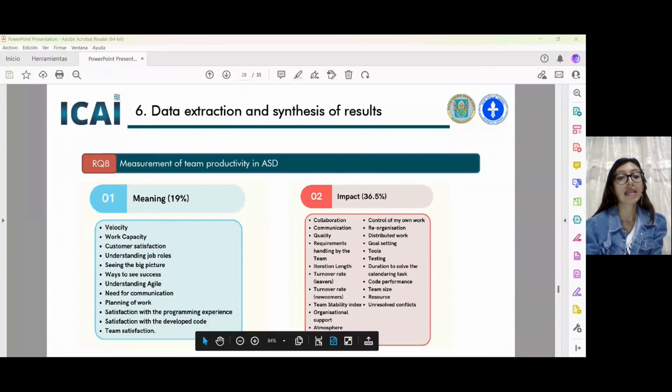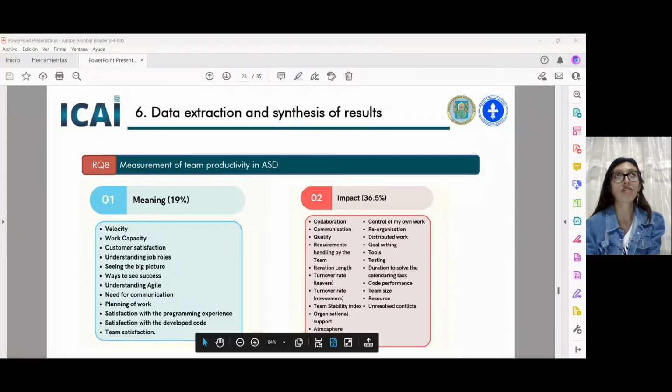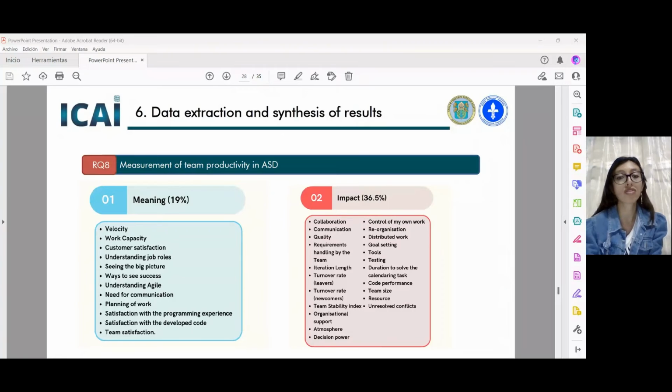The meaning category includes the factors related to the perception that the members of the development team have about productivity, which can be seen from an individual approach or from a general perspective. The impact category: the factors that affect the team and generate a negative, positive, or even neutral influence on its behavior.